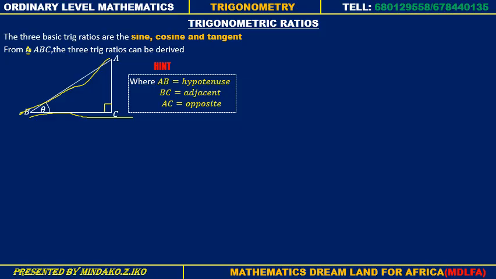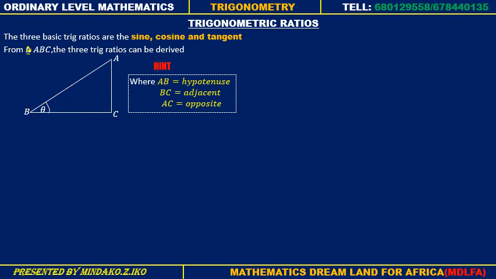Now AC is the opposite. This is AC here. Why is it called the opposite? Because this is our angle theta, and opposite this angle theta is AC, so that is why AC is called the opposite. That is it about the hint.